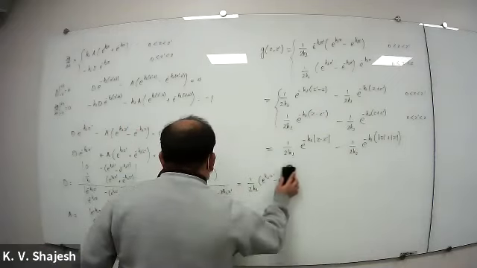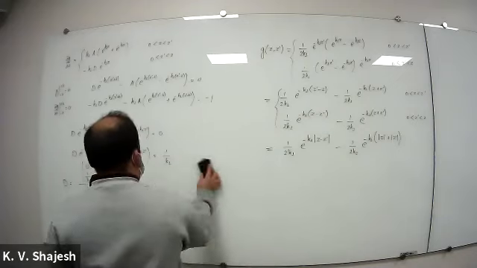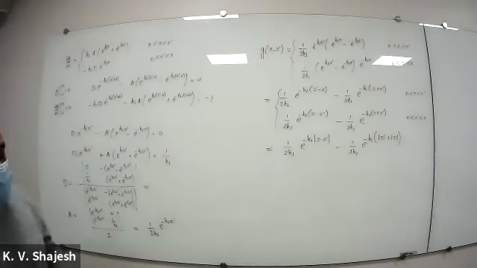How do we go to, what's the connection between G and phi?